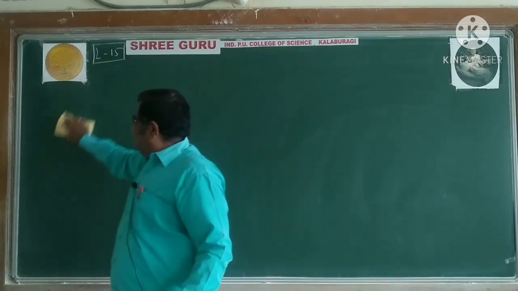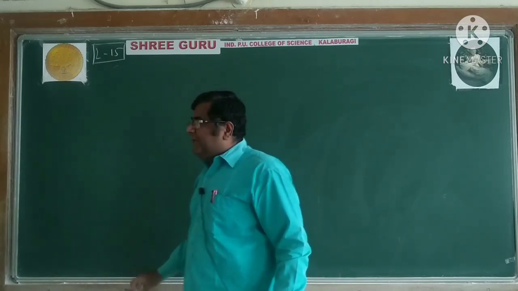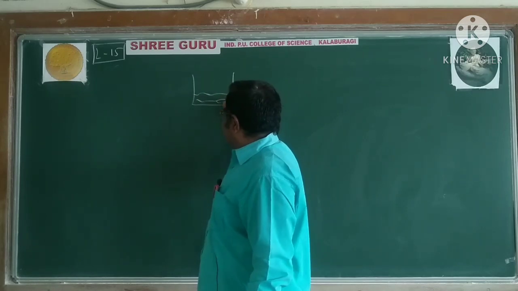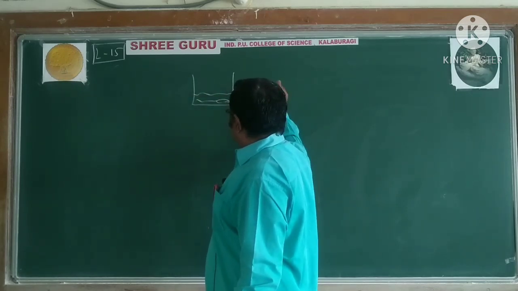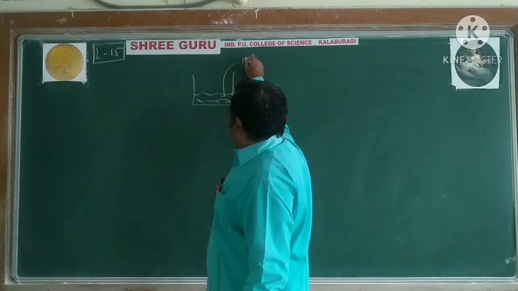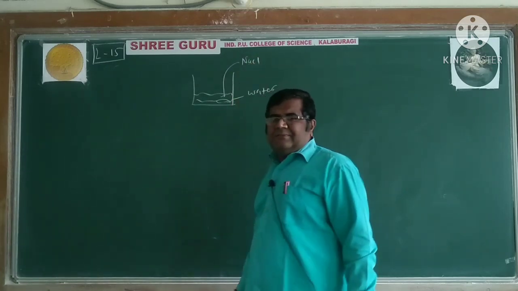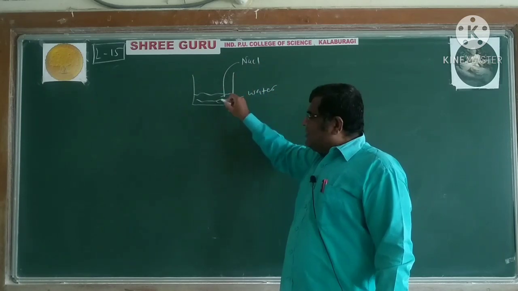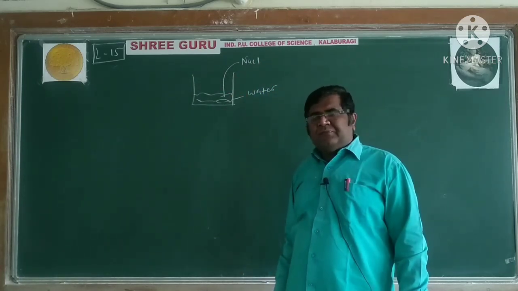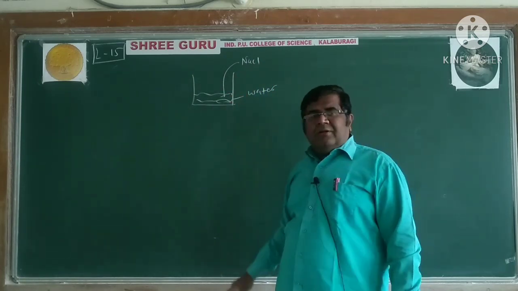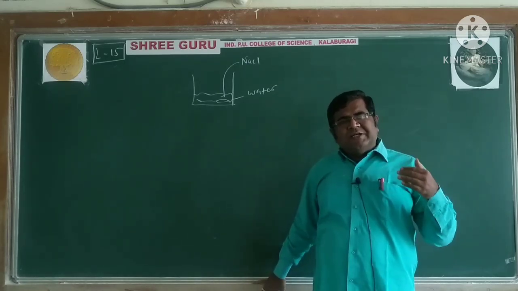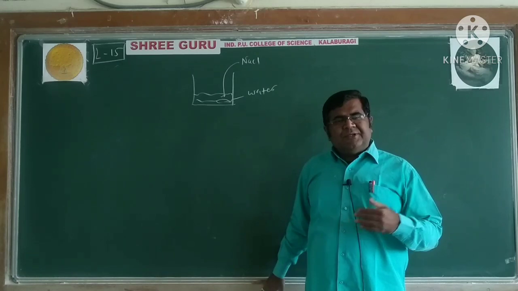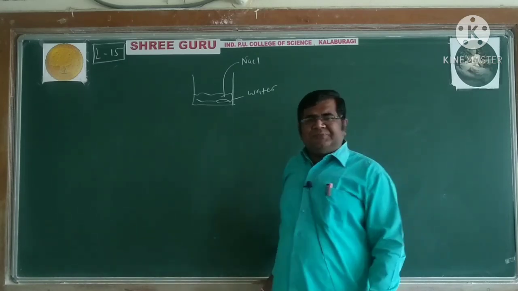Here, if we take a solvent, say water, and if we add any salt, say NaCl, it goes on dissolving into it, but when a saturated solution is formed, it cannot dissolve more solute, and equilibrium is established.